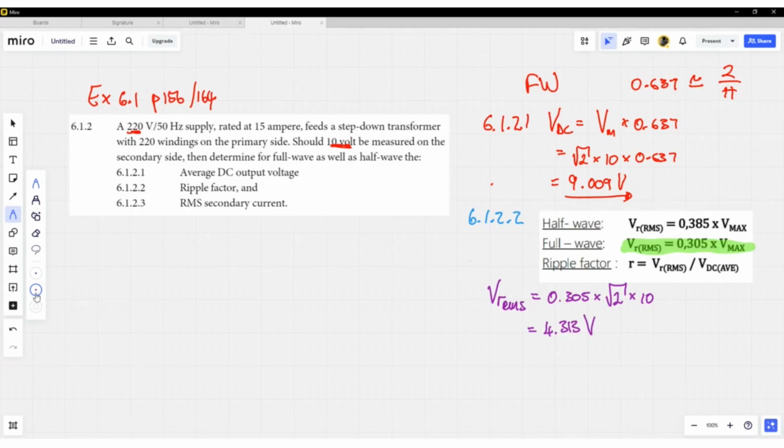And that can then be used to calculate the ripple factor. Sorry, that's just going to be r. So basically the amount of ripple versus the average voltage, or DC voltage. You can actually express this as a percentage as well, so I forgot to mention that. That's then our ripple RMS divided by our DC voltage, which is 9.009.